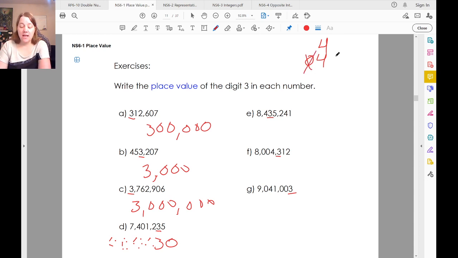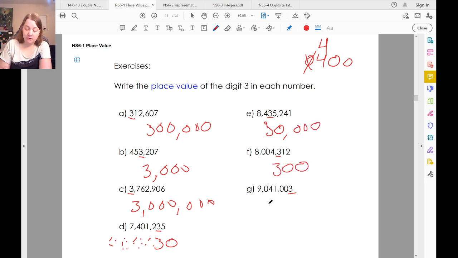The zeros on the end, though, if I ask you if you want $4 or $400, that makes a big difference. You're probably going to say $400 unless you know that my wallet's empty and then maybe only ask for 4. The value of E is 30,000. The value of F is 300, and the value of G is just 3.